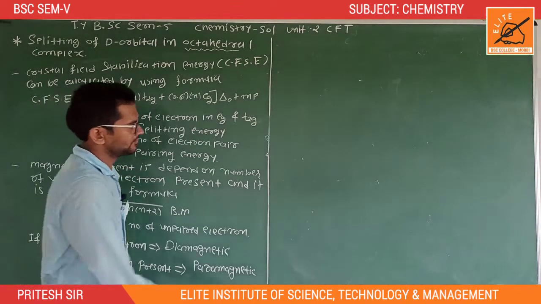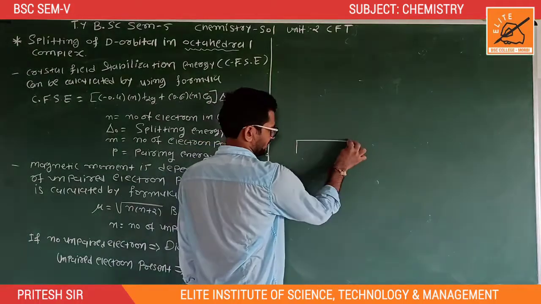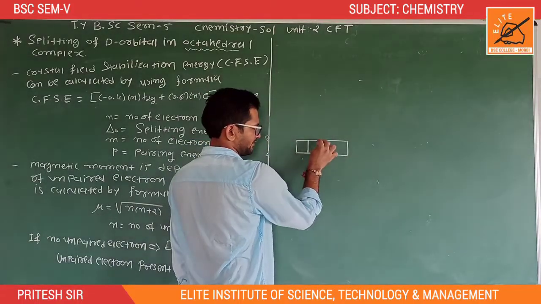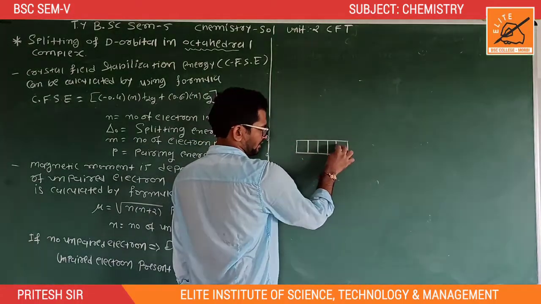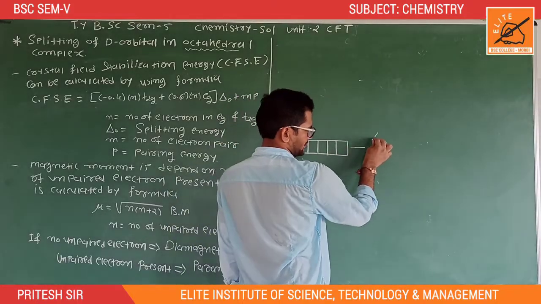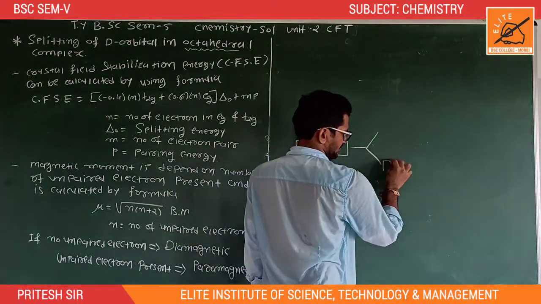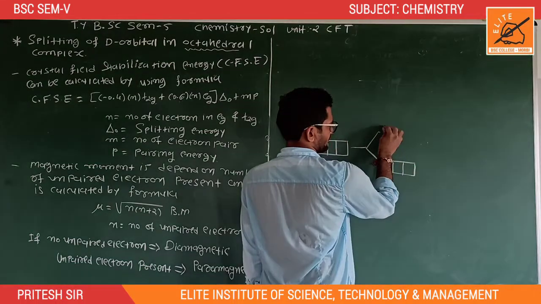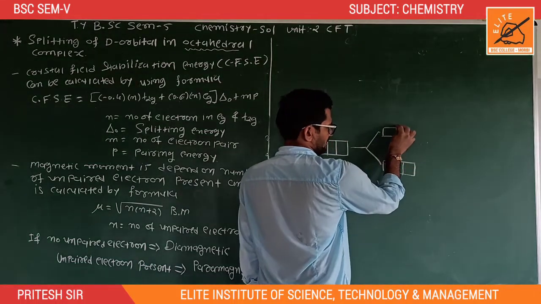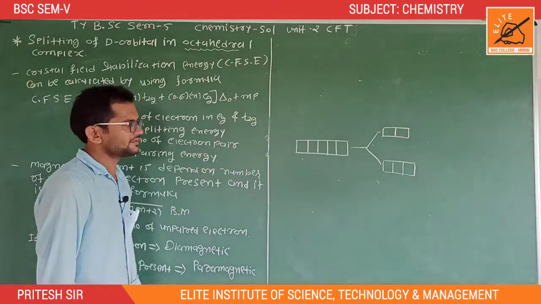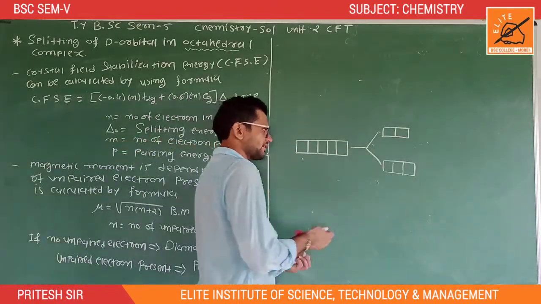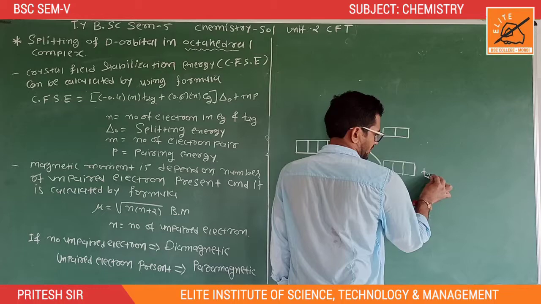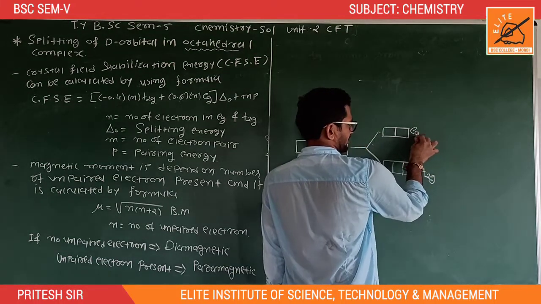Suppose this is the d orbital. The d orbitals are 5 and they split into two groups, first t2g and second eg. In octahedral complexes, t2g always remains as the ground state and eg remains as the excited state.